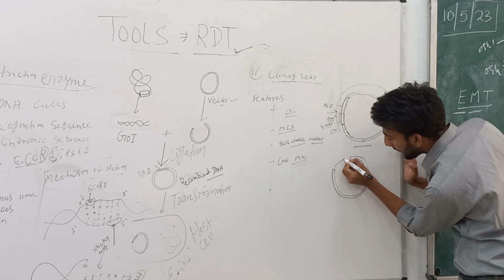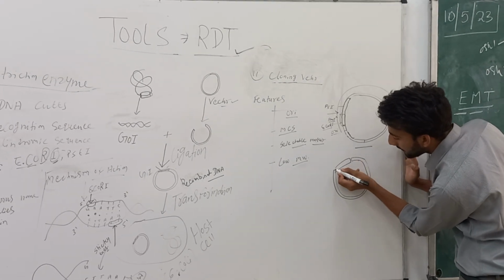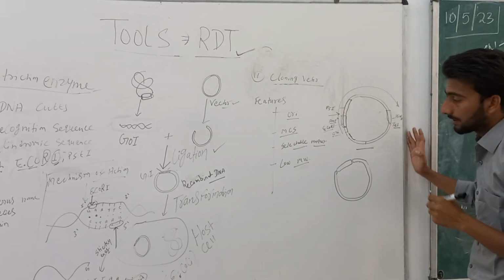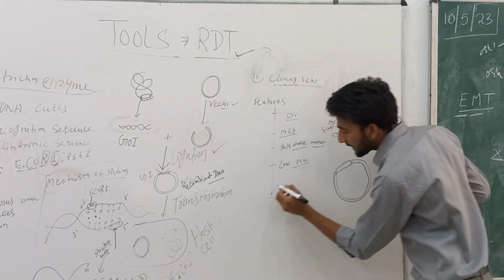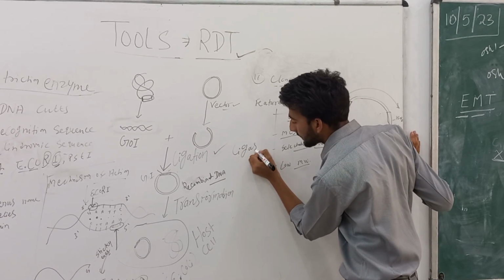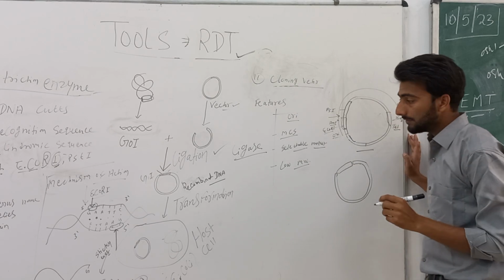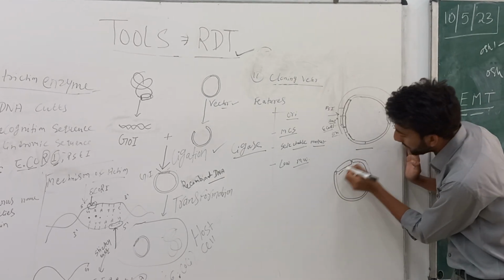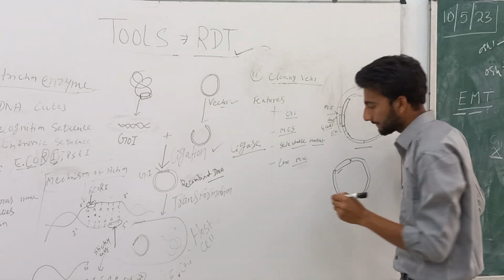So we can ligate them by the process called ligation. For the process of ligation, we will utilize an enzyme called ligase. The ligase enzyme will make the phosphodiester bond between the nucleotides.